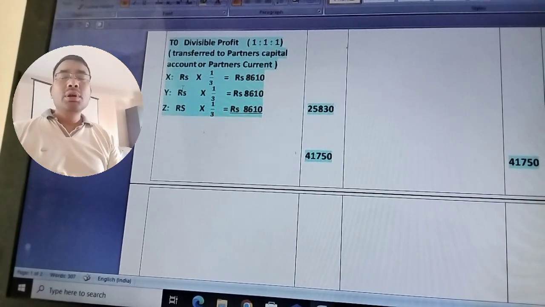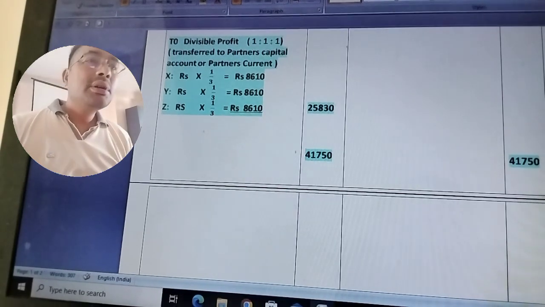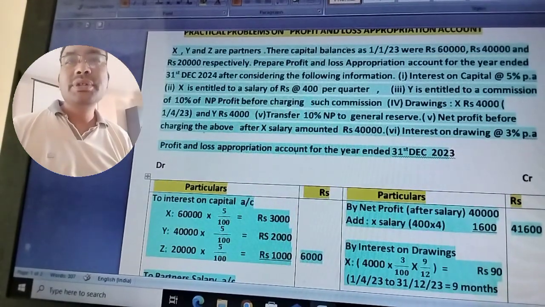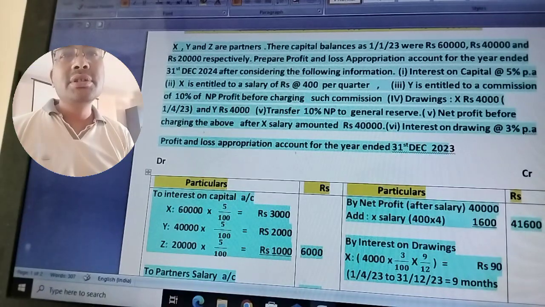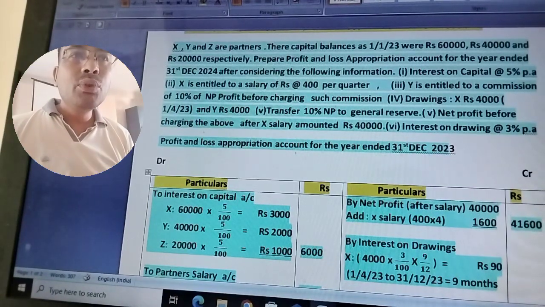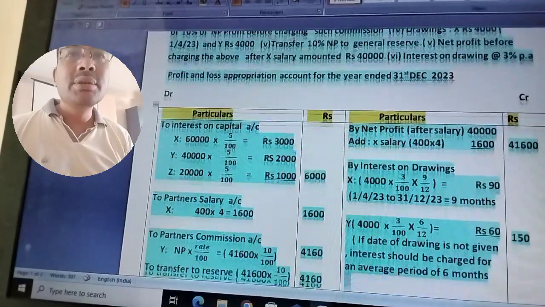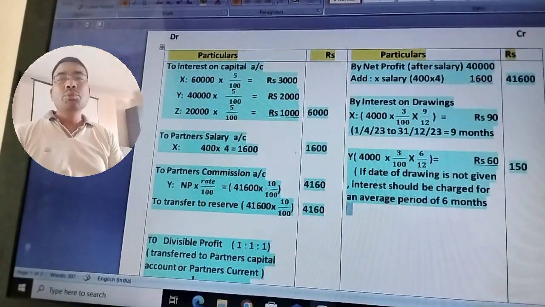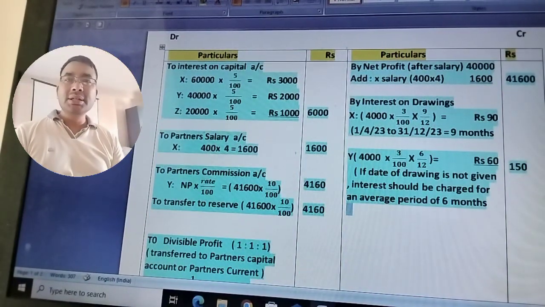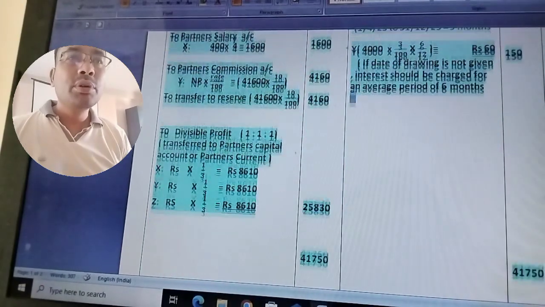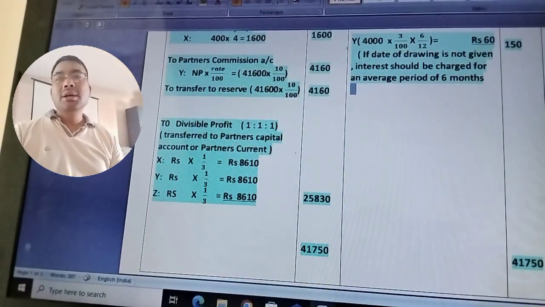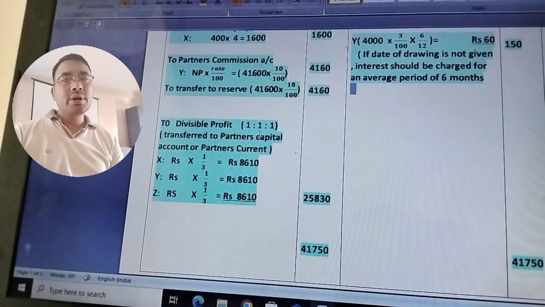Here in the question, nothing has been said regarding the profit sharing ratio. If no information is given regarding the sharing of profit, then you have to follow the provisions of the Partnership Act 1932 and distribute profit equally. As there are three partners, the divisible profit will be shared 1:1:1.